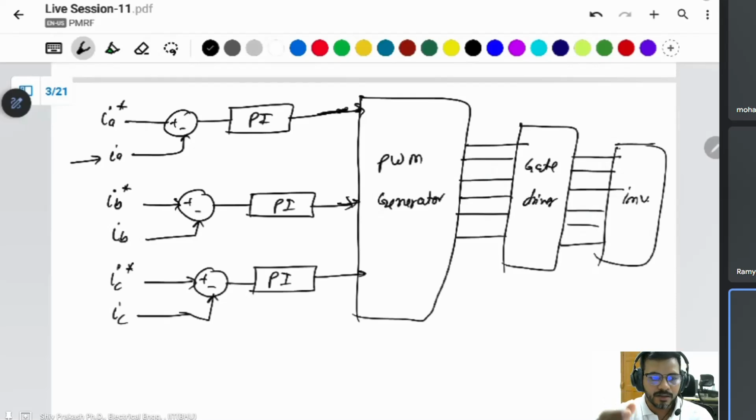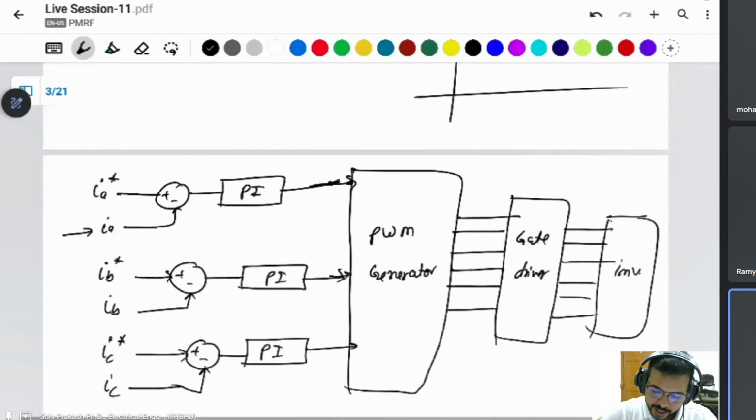First, generate the reference current from the MPPT. Then use the comparator to compare it to the inverter output current. It is a three-phase system, so you use 3 PI controllers for tracking the 3 currents. But there is an issue in tracking.